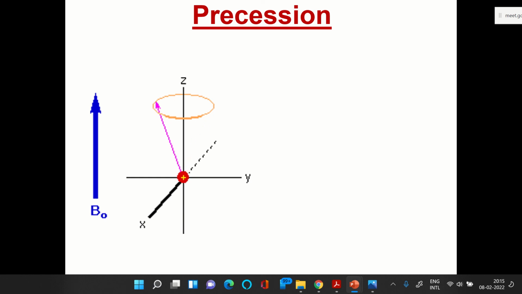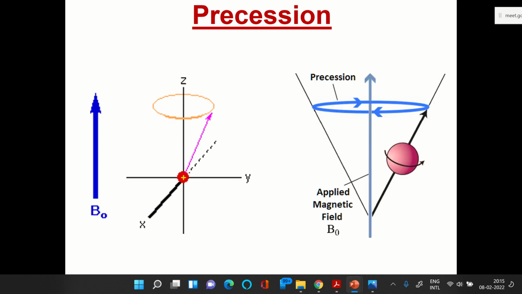Imagine this pink vector; you apply the right hand thumb rule, and it is curling in an anti-clockwise fashion if you are looking from the top. So you can think the motion is a very complex kind of thing: the spin vector, and that vector is precessing around the whole z-axis. So this is what happens.